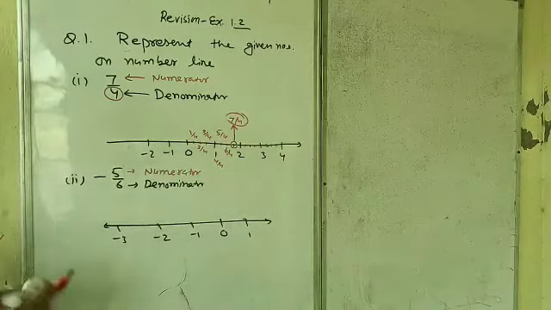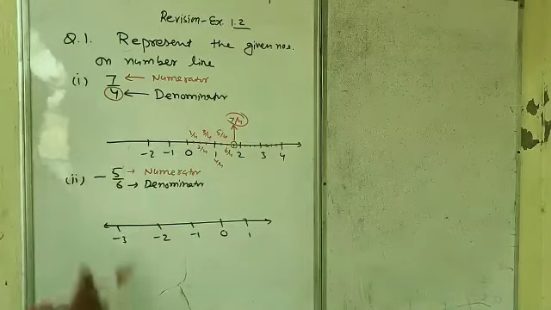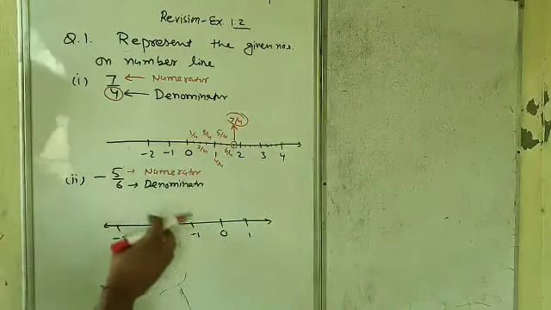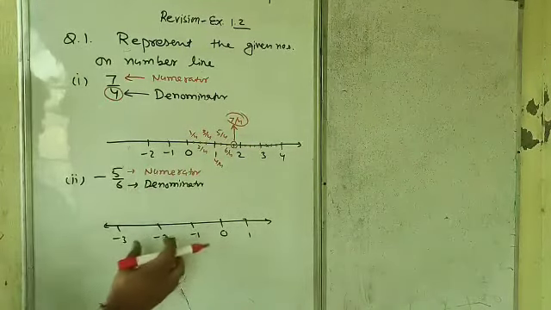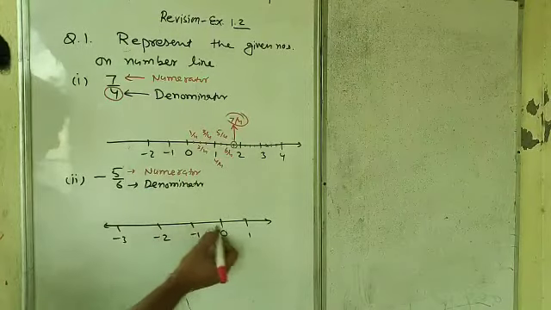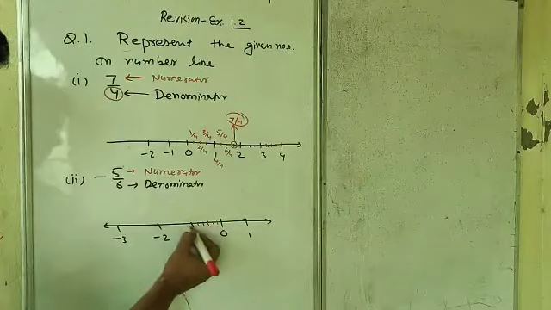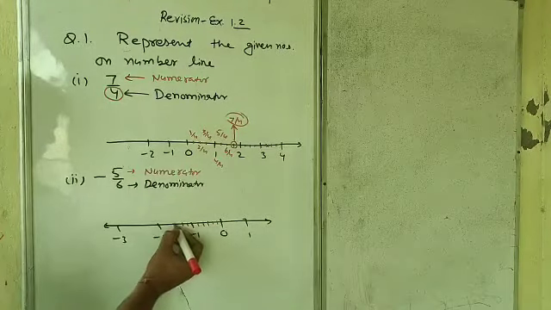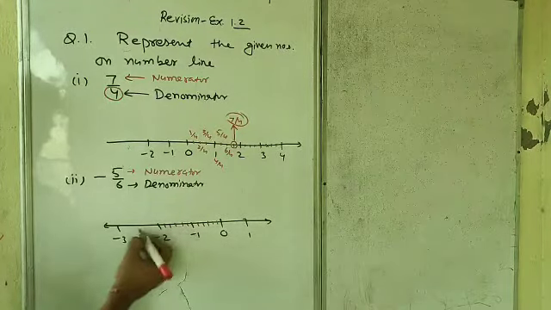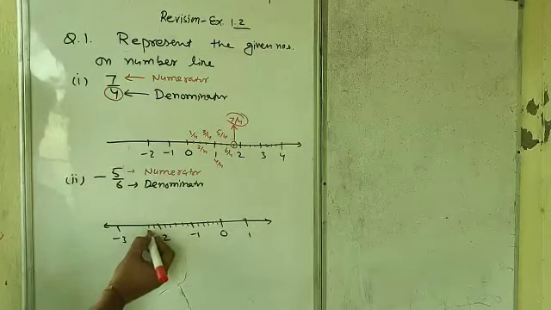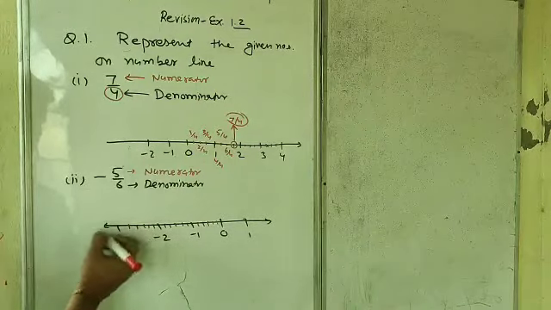Now we have to mark 6 parts. It means 5 points between the two integers, so there will be 6 parts, like this: 1, 2, 3, 4, 5, 6.